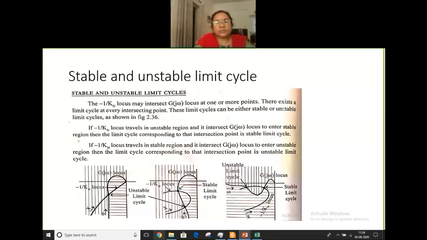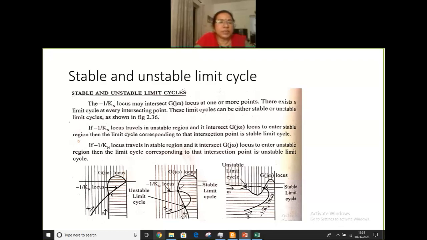Now you come to this one. This is again another multiple limit cycle. Okay. You travel along the minus 1 by kn locus. It is entering from unstable to stable, so it is a stable limit cycle. Okay. This one is an unstable limit cycle.